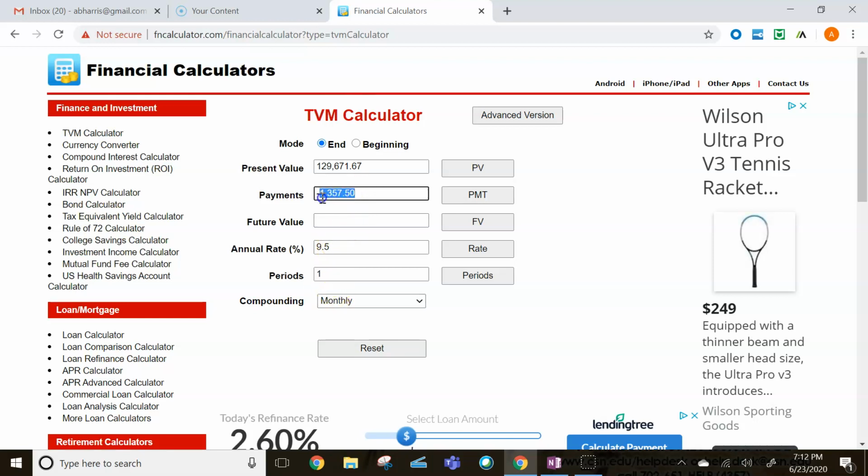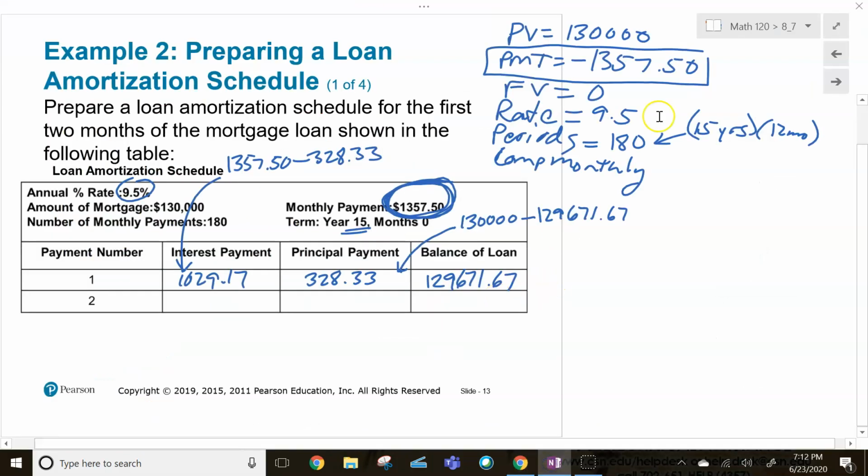I'm going to make the payment for that amount, and I'm going to solve. What's my new balance after I make one payment? So click on future value right here. At the beginning, before I paid, that's what I owed. I paid this amount. This is what I owe after I make one payment at 9.5%. Okay, so 129,340.74.